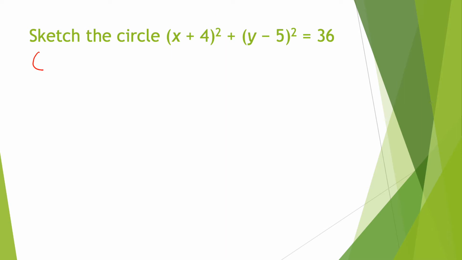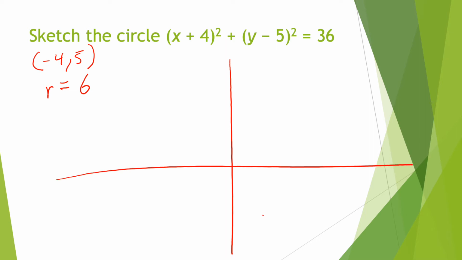And this one here again, the center is negative 4, 5, and the radius is equal to 6. So you would mark the center first, negative 4, 5, and then go 6. So this is approximately 2. You go 6, that will take you to negative 10, so it's further down.